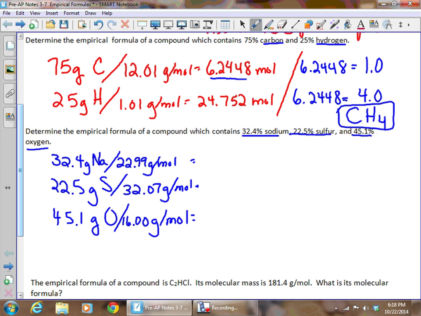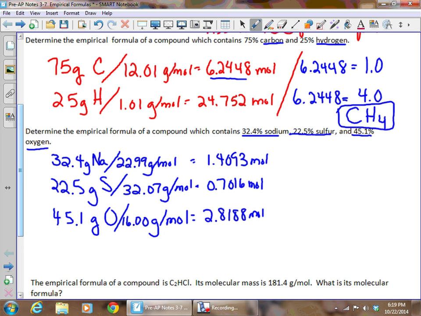When we do that, we end up with 1.4093 moles of sodium, 0.7016 moles of sulfur, and 2.8188 moles of our oxygen.